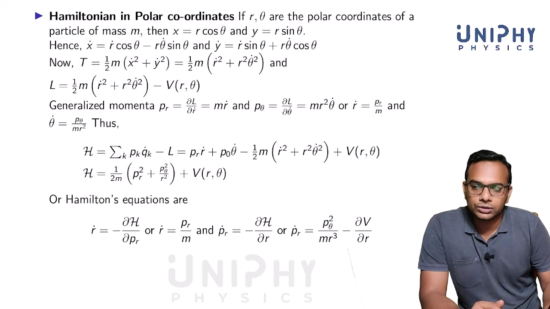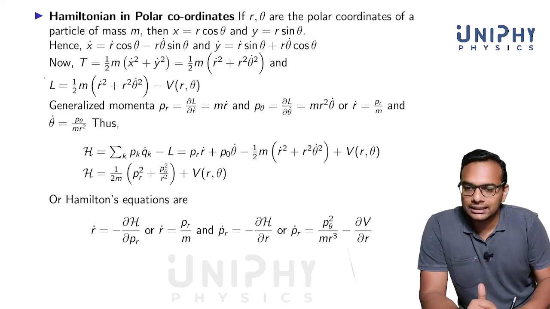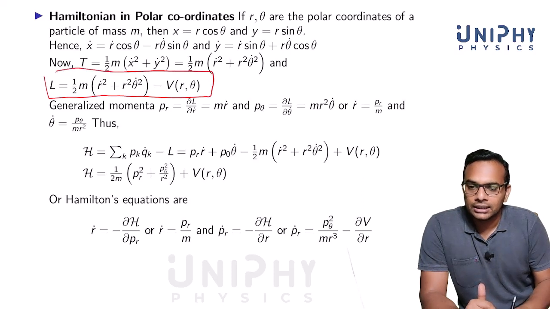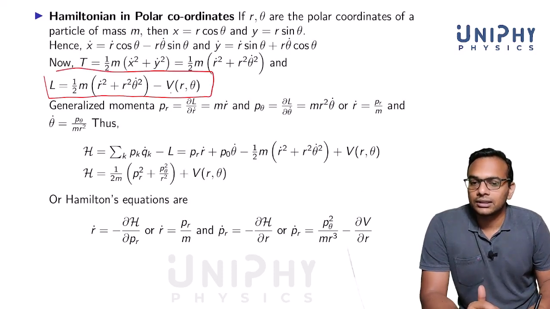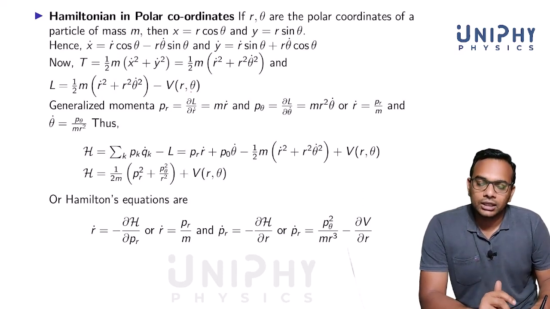We can also do it for polar coordinates. We have done the Lagrangian for polar coordinates. It's half m (r dot squared plus r squared theta dot squared) minus V of r, theta. So we are talking again about a potential which does not depend on the velocities.